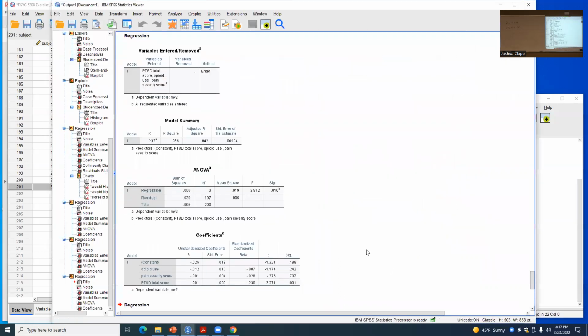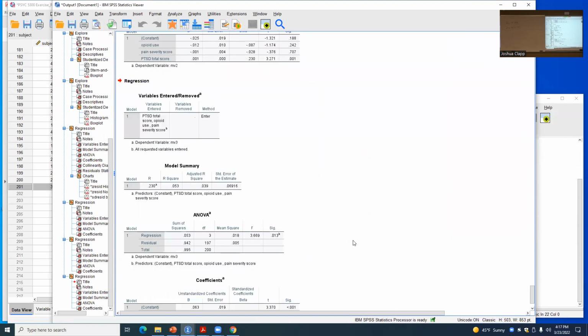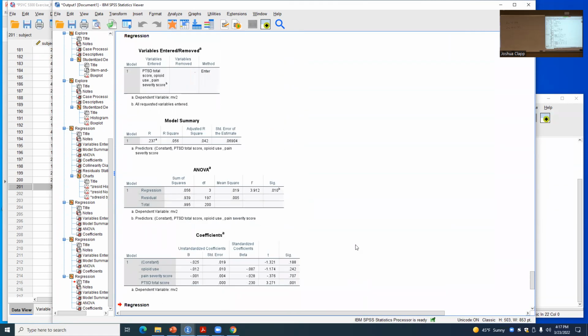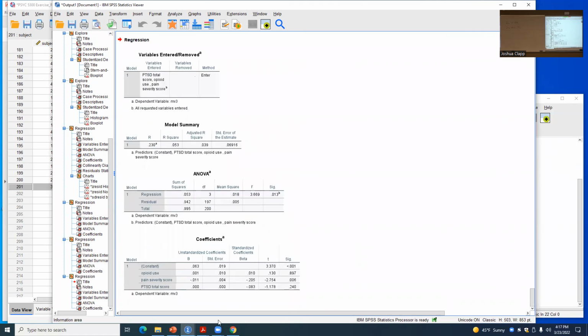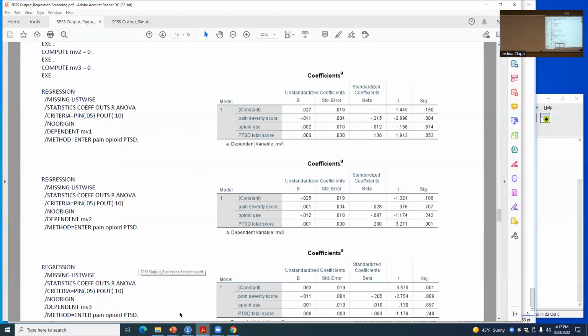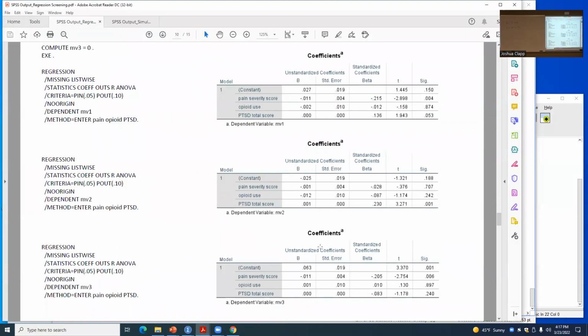If I run those, I'm going to get a model for my second highest leverage and my third highest leverage. If I go back through and take a look at my output, Matt, what's predicting my second highest leverage here?